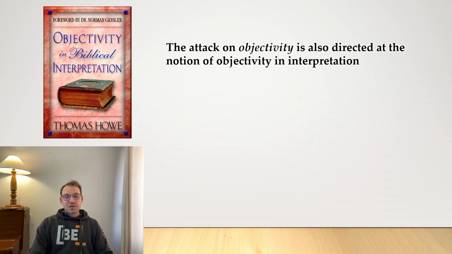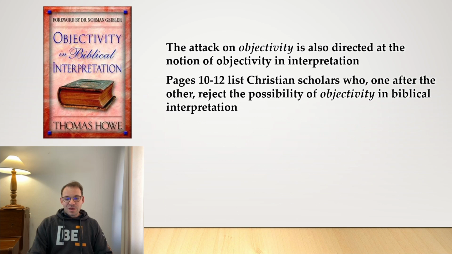So the attack on objectivity is then further narrowed down to an attack on the notion of objectivity in interpretation as well. And so on pages 10 to 11 of the introduction, Dr. Howe lists Christian scholars who, one after the other, reject the possibility of objectivity in biblical interpretation.